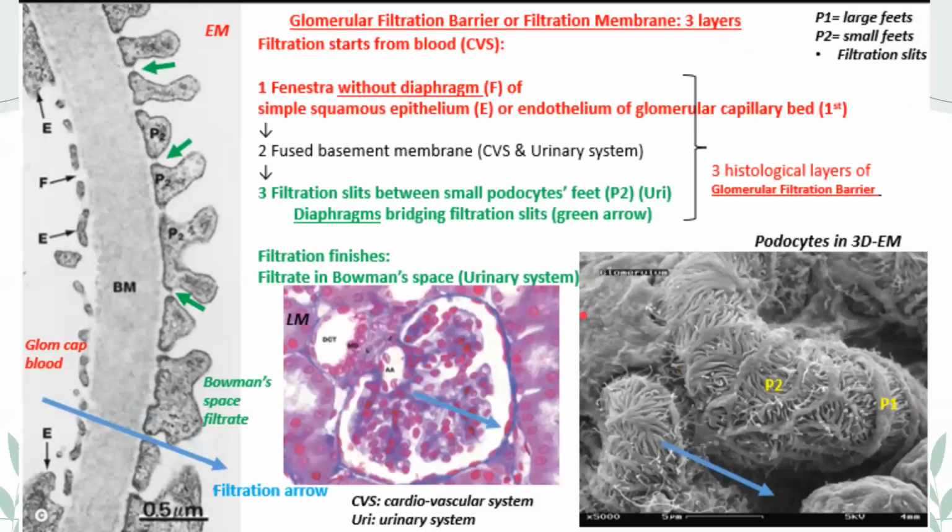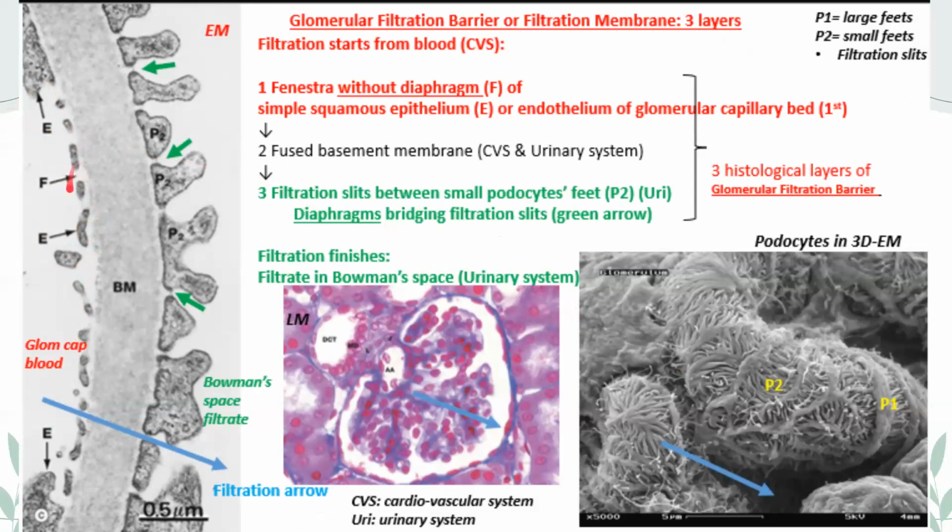All right, so this is pretty much our last slide. It talks about the different types of layers that are important within the exchange mechanism, the filtration mechanism. The first layer is right here. E stands for endothelium, the cells of the endothelial capillary. F is the fenestration. When you look at F, it's really important to know that there are no diaphragms here.